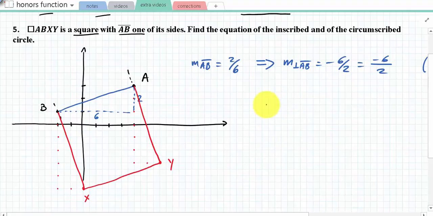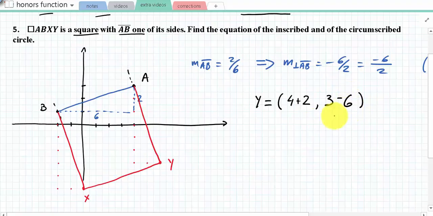So now let's do it analytically. So Y equals, you're going to take A, which is 4 and 3, and the run is on the X, right? So you're going to add 2 to the X, and you're going to subtract 6 from the Y. And so Y is 6, negative 3. We could also read it off the graph, but I want to do the algebra.